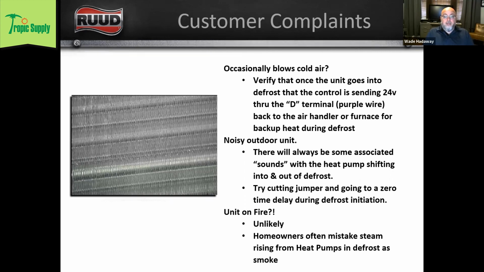Once the system goes into defrost, we should be energizing the D terminal, or the purple wire at the defrost board, and that should be going indoor to the air handler to energize the backup heat during defrost.